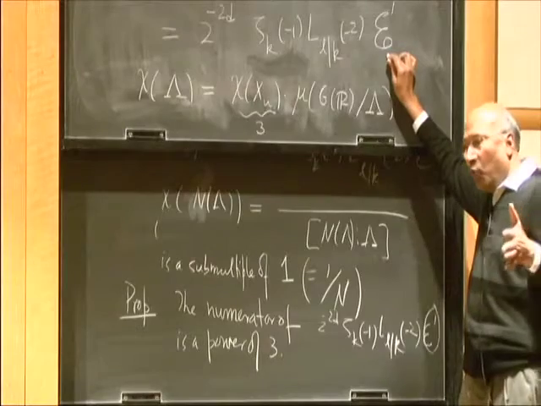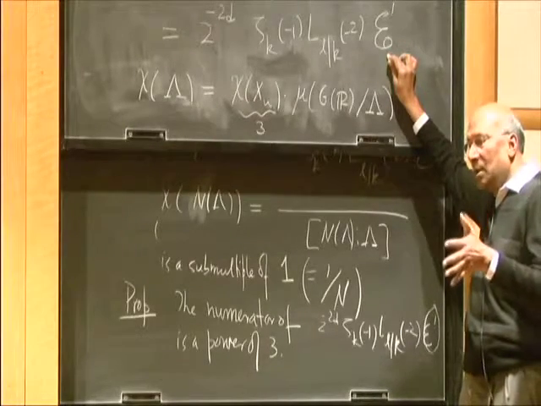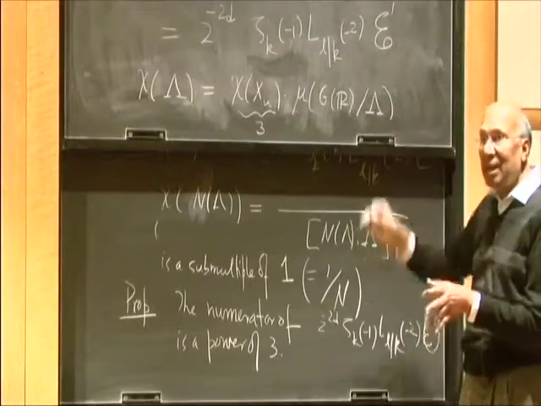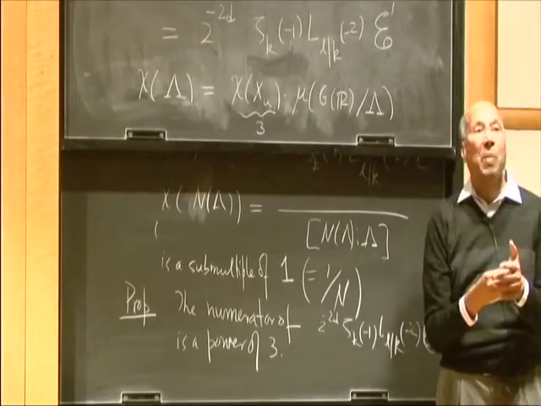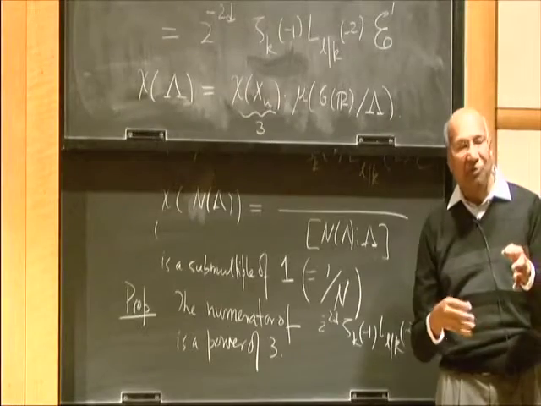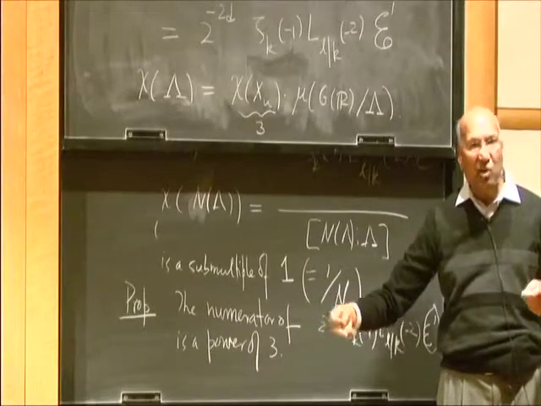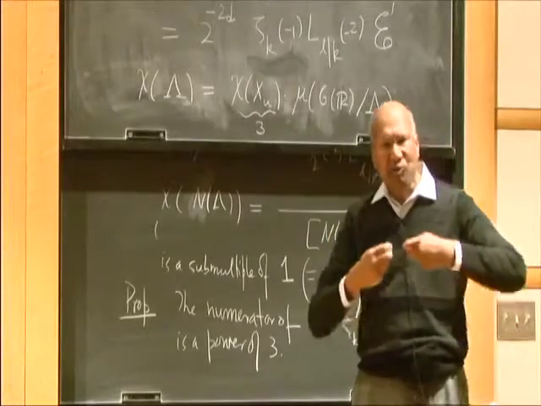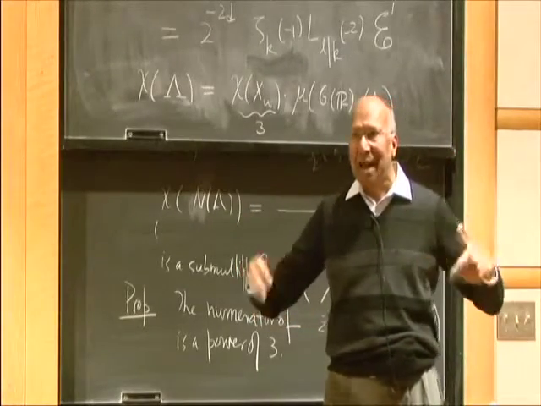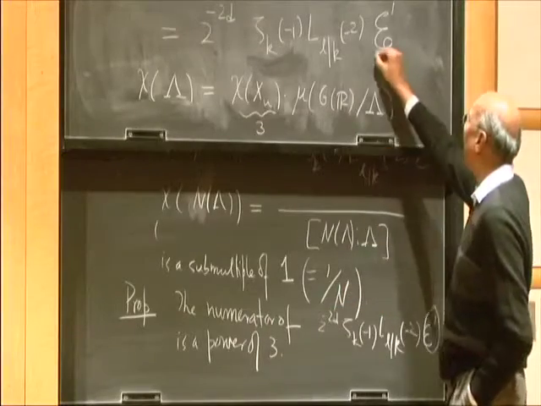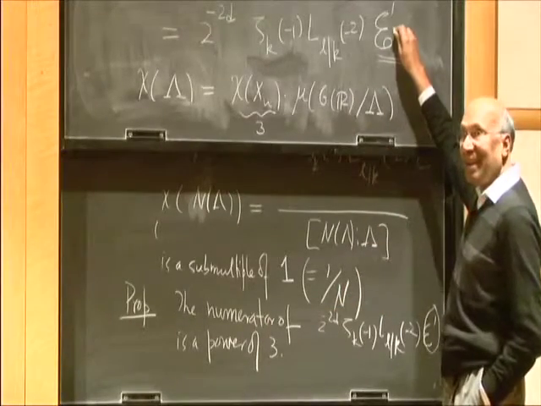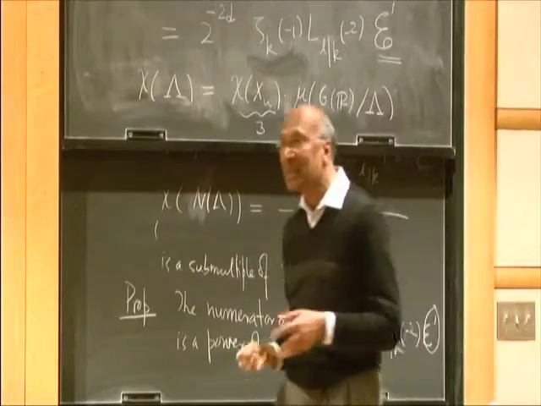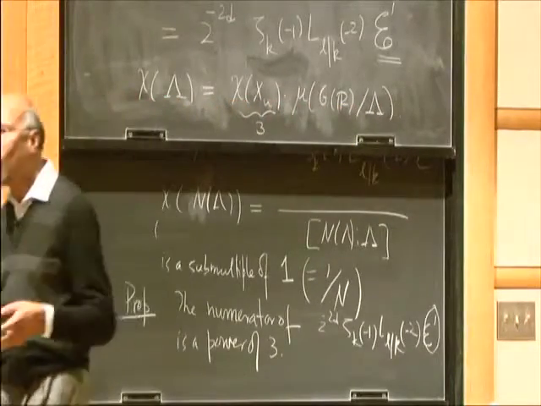The contribution of a ramified prime for a division algebra is roughly of the order of the residue field raised to the power 3. So if 7 is ramified, then you will at least get 7 to the power 3. But if 19 is ramified, you will get an even much larger factor. So the more the ramification, the larger the factor in E prime is. And if you have 7 different ramification places, you see E prime will blow up.